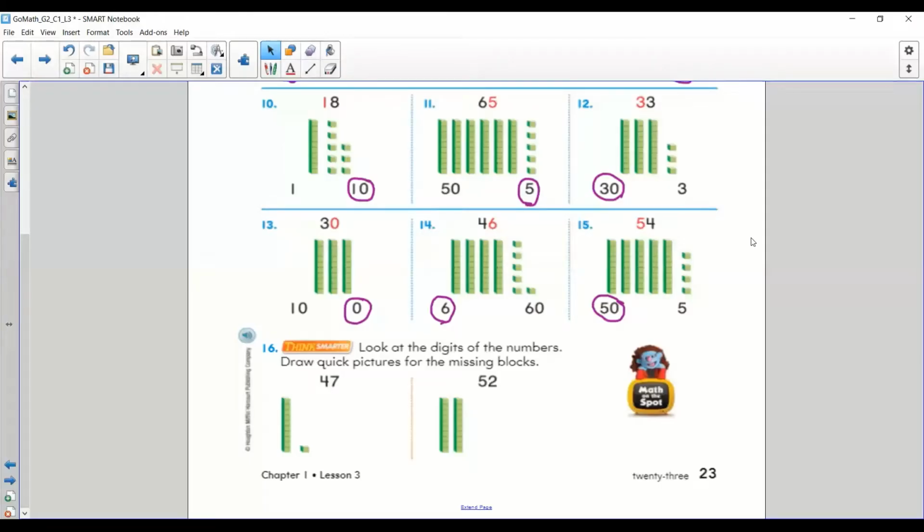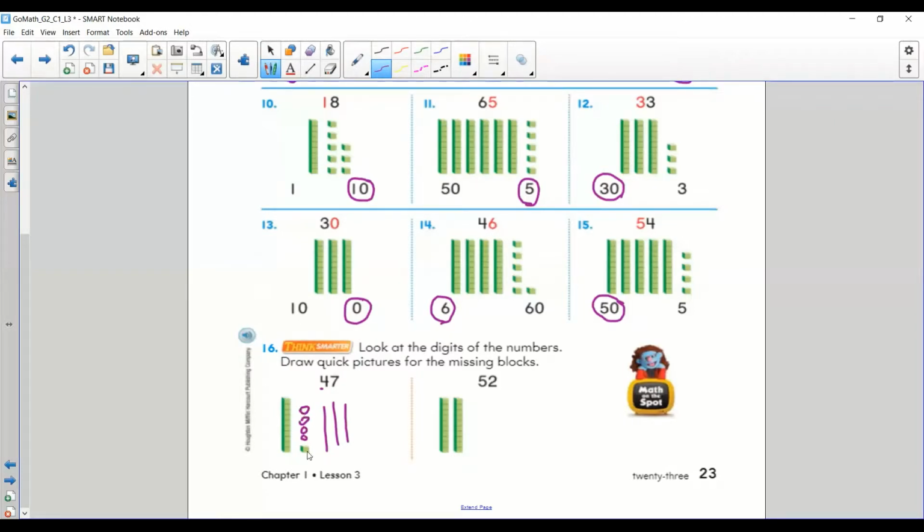So were you able to follow along on your paper and work with Professor Rena and Joey to figure out the problem? So with 47, we needed to count on with tens. So there was 1, and we need 4 tens. 2, 3, 4. And we need 7 ones. So there's 1 already. 2, 3, 4, 5.